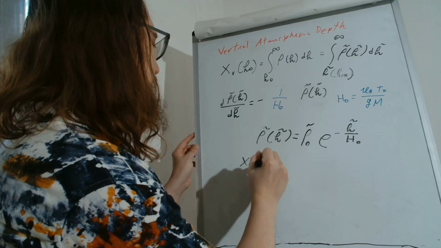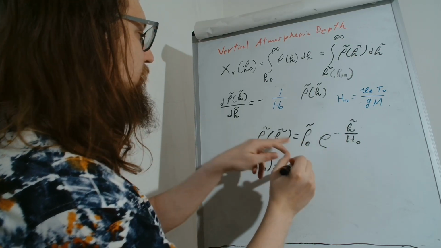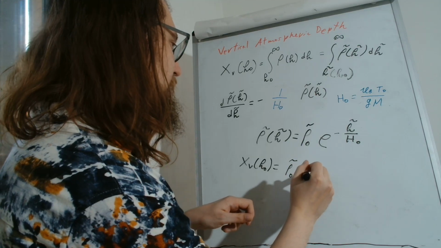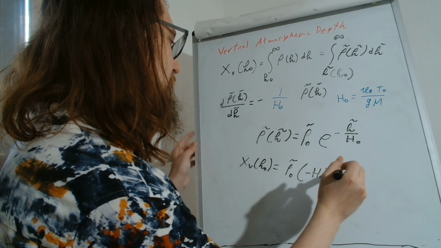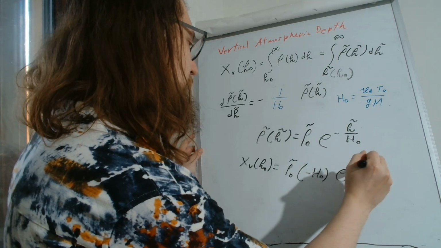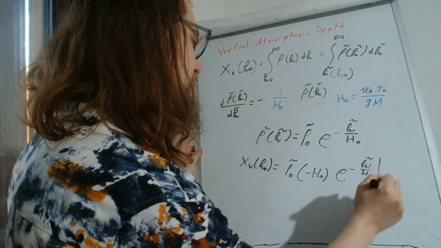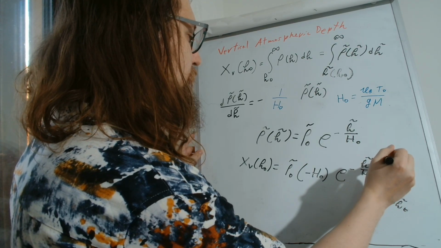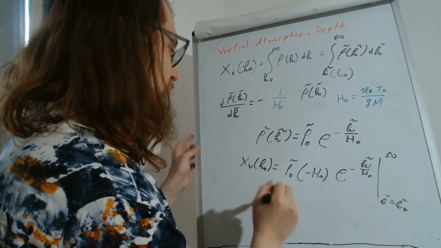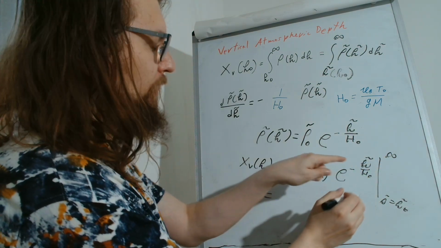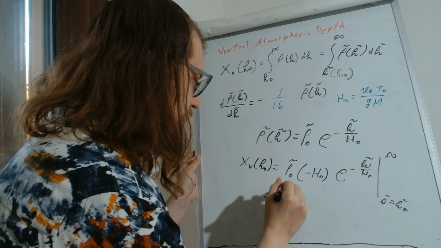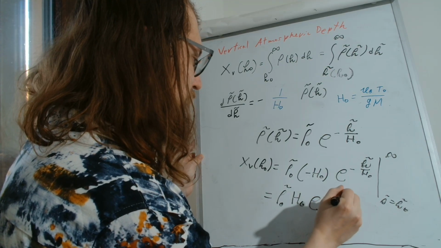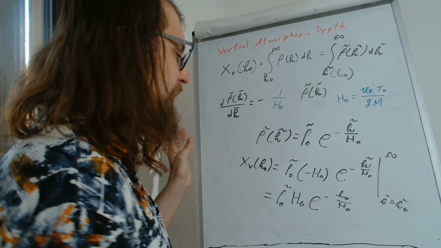So X_v of h0 is the integral of this in dh, so it is rho 0 tilde times minus h0 times e to the minus h tilde over h0, from h tilde equal to h tilde 0 to infinity. At infinity this is 0, so we have minus minus, so plus rho 0 tilde h0 times the exponential of minus h0 divided by the scale height.